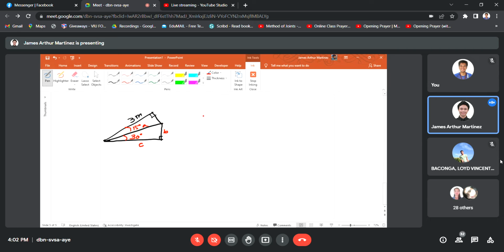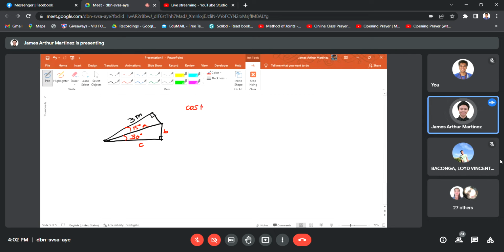Okay, first, let's consider the right triangle. We have the adjacent to the angle and the hypotenuse, which is A, so we use the cosine function.